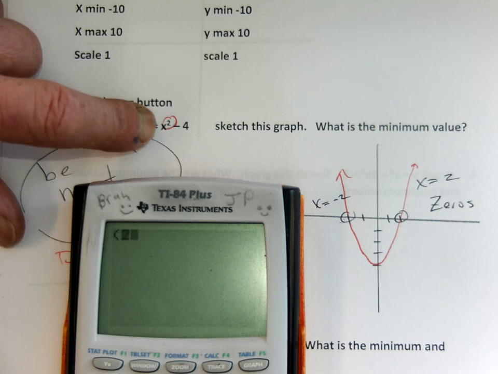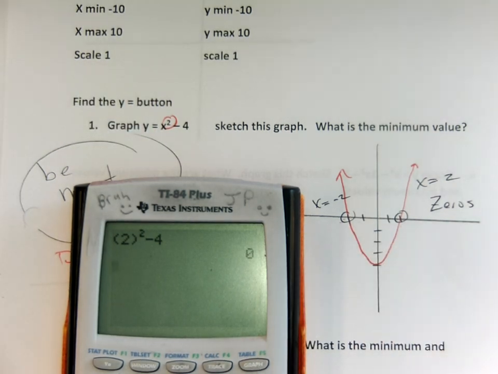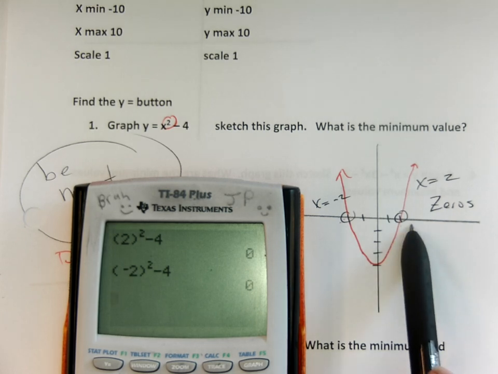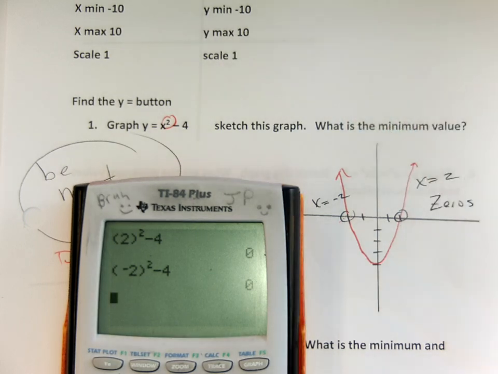If I go 2 squared, subtract 4, I get an answer of 0. That's why we call them zeros. Or if I plugged in negative 2, I also get 0. They're called zeros because they are answers that make the value of y be 0.